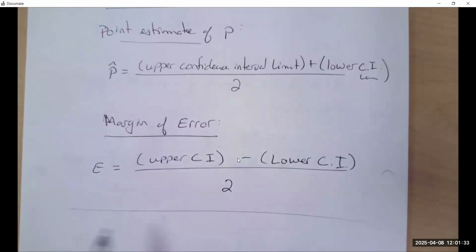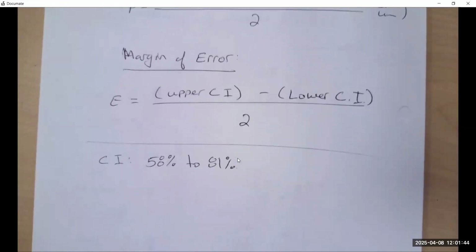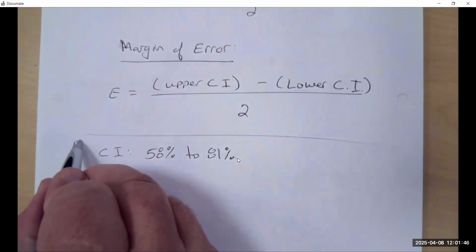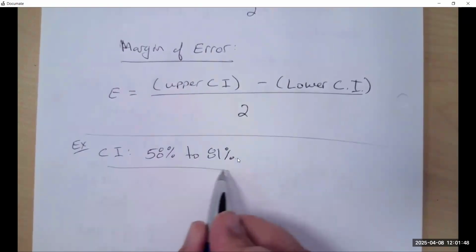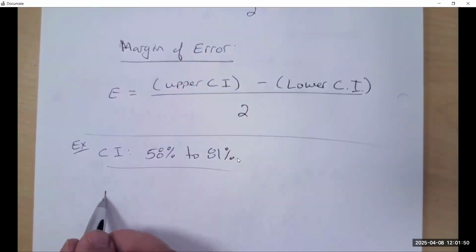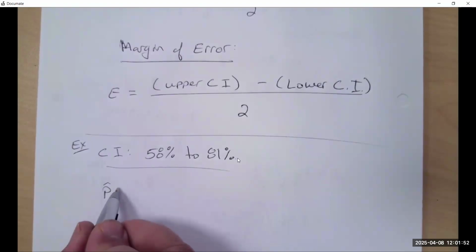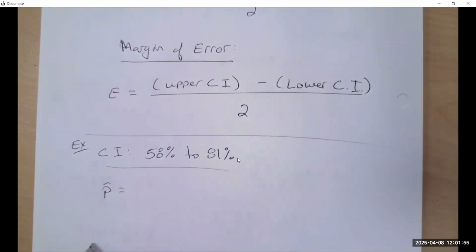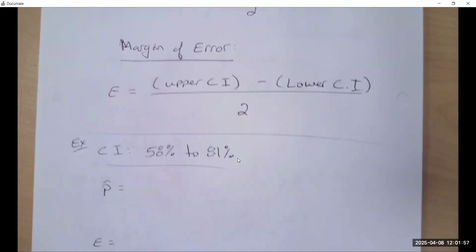So for example, if I gave you the confidence interval of 58% to 81%, what is my point estimate and my margin of error?